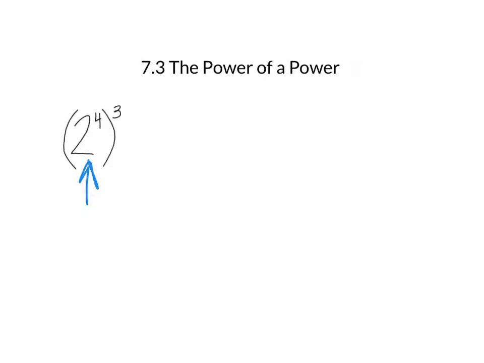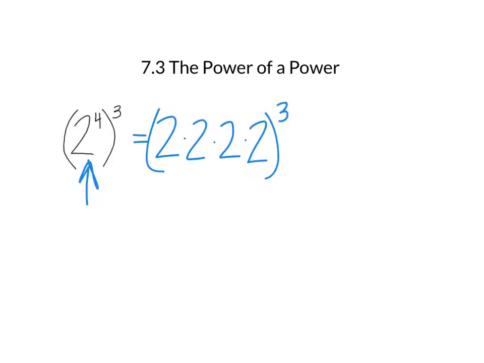So I'm going to go ahead and write that out. I'm going to say that this is equal to 2 times 2 times 2 times 2, 4 times. That's inside the parentheses. And then we still have an exponent on the outside as well. We have like double exponents here.